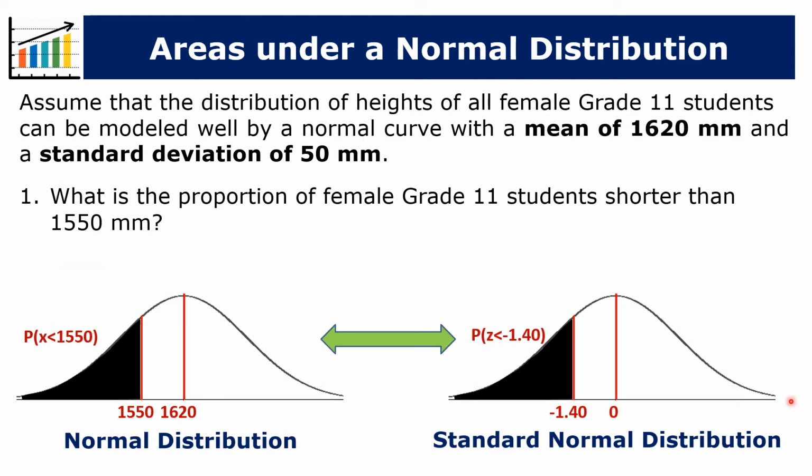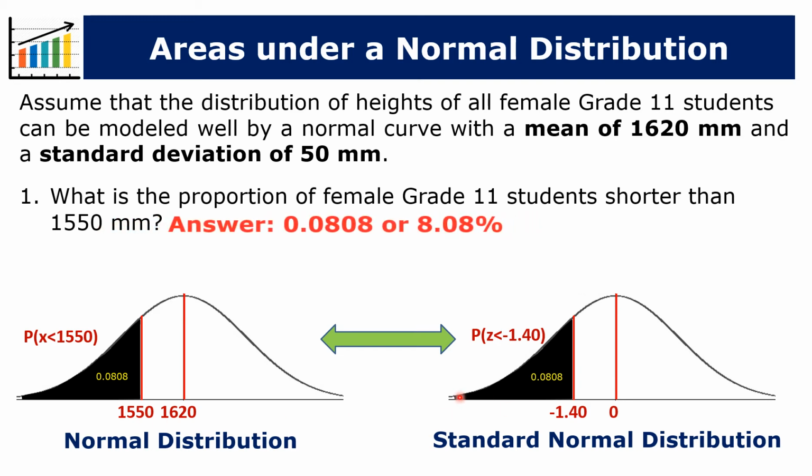Now, anong ibig sabihin niyan? If the area of this shaded region in our standard normal distribution is 0.0808, then the area to the left of 1550 in the normal distribution is also 0.0808.